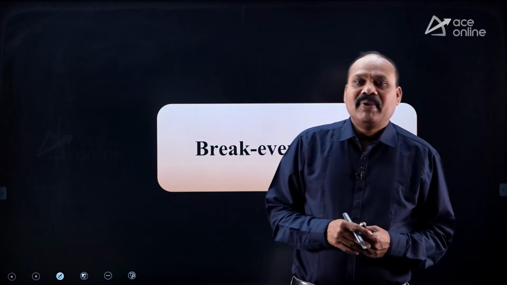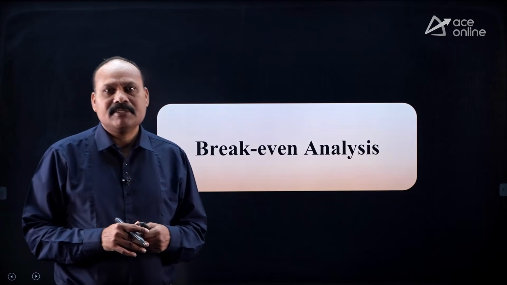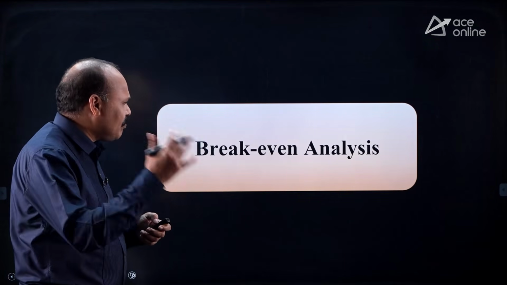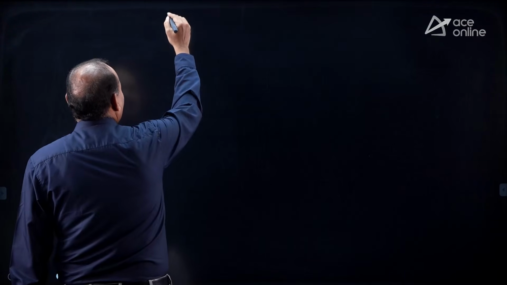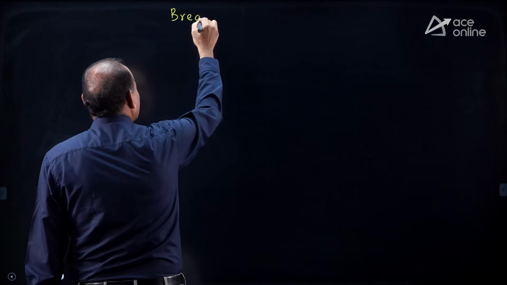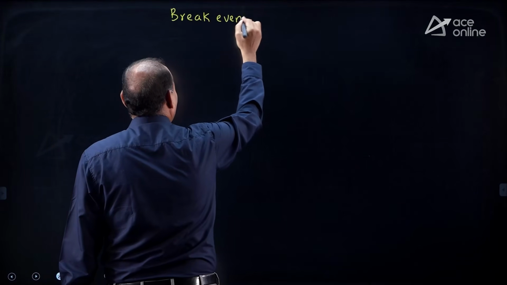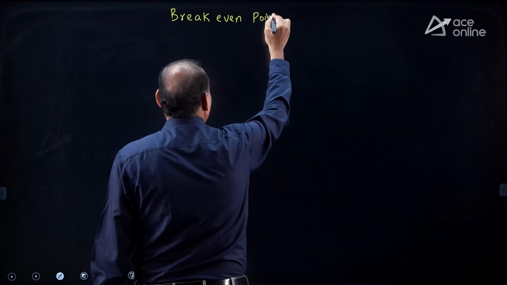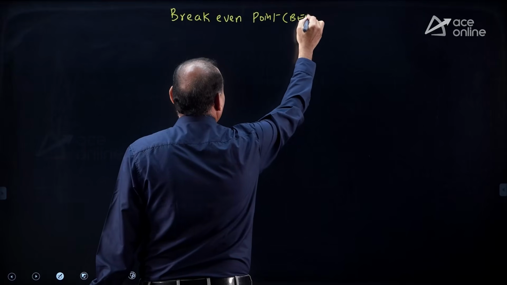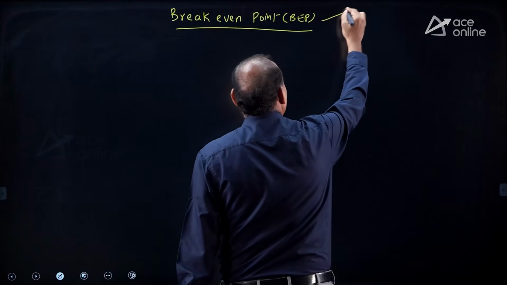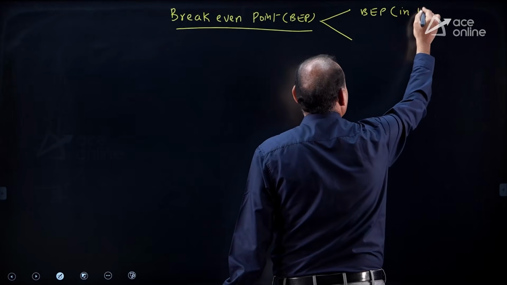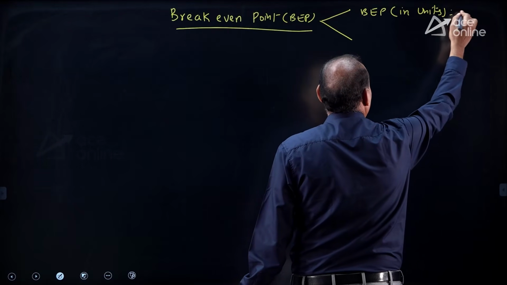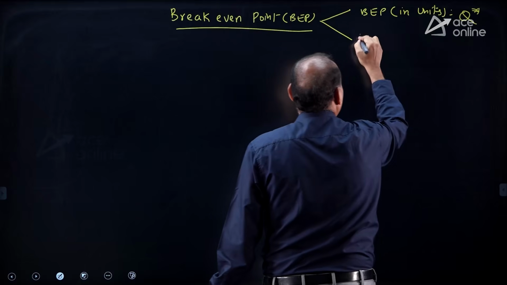Next, break-even analysis. So, you may be finding questions related to break-even analysis. In break-even analysis, what kind of question generally we get? The first and very important thing is break-even point, BEP. BEP in units is nothing but break-even value.